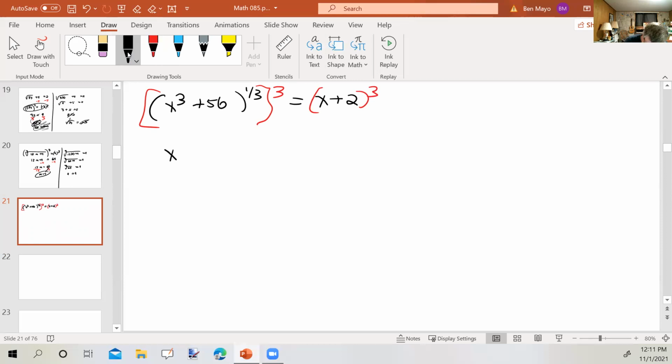So on the left side, we get x cubed plus 56. On the right side, we've got x plus 2 times x plus 2 times x plus 2.